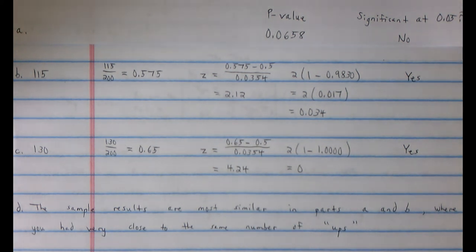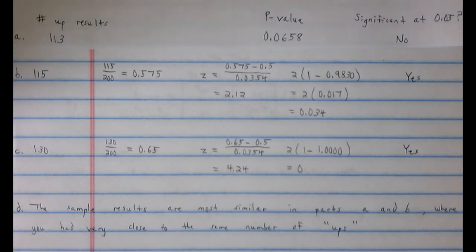So in part D, notice the sample results are most similar in parts A and B, where you had very close to the same number of ups. In fact, we had 113 up results in part A and 115 up results in part B. So that's only a difference of 2.